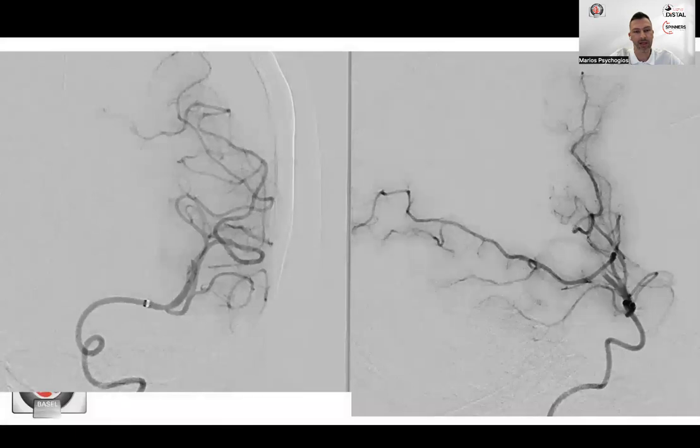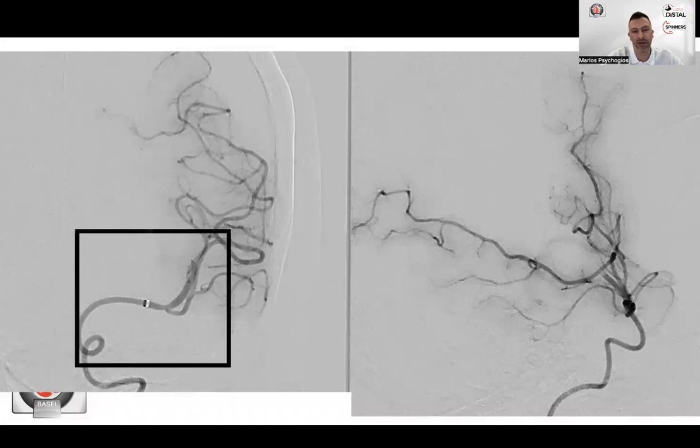This is the image that I was talking to you about from the M1. So this is a big aspiration catheter put in the M1. And as you can see now, you can more easily see this M2 occlusion, mid M2 occlusion of this non-dominant branch.